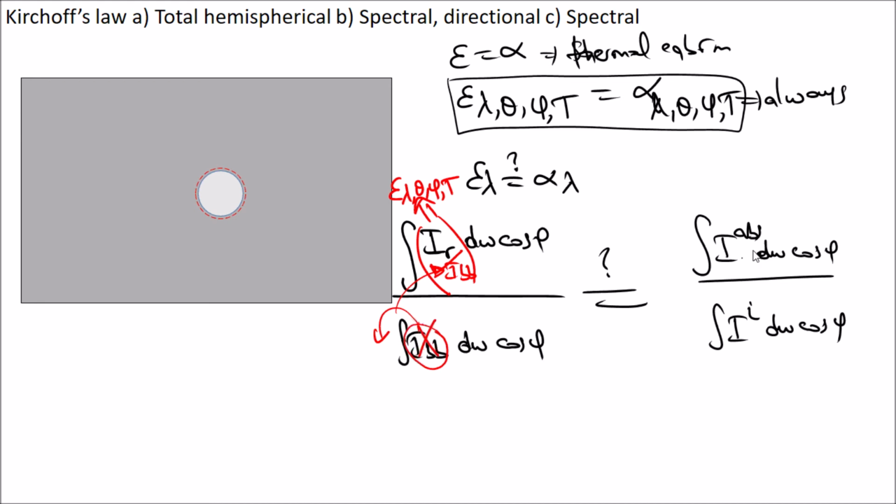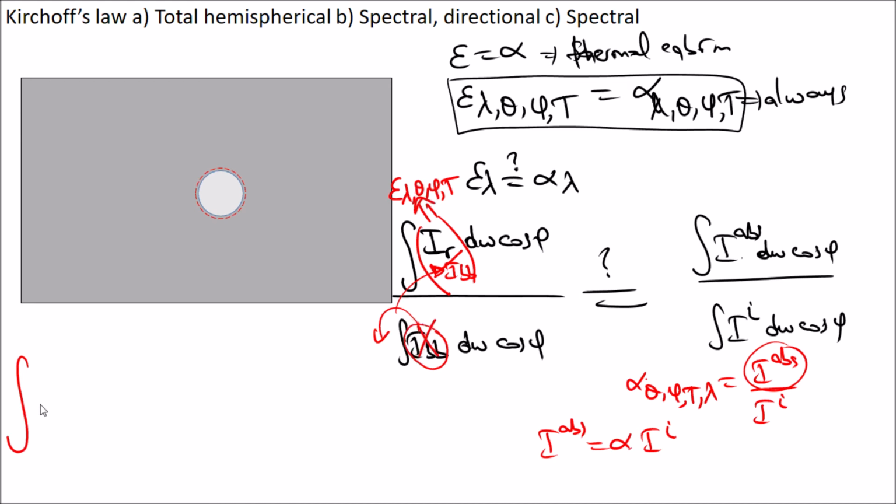For the right hand side I know that alpha, theta, phi, the temperature and lambda is equal to I absorbed divided by I incident, and instead of I absorbed I can write it as alpha into I incident. When I say alpha I mean that theta, phi, T and lambda are there.